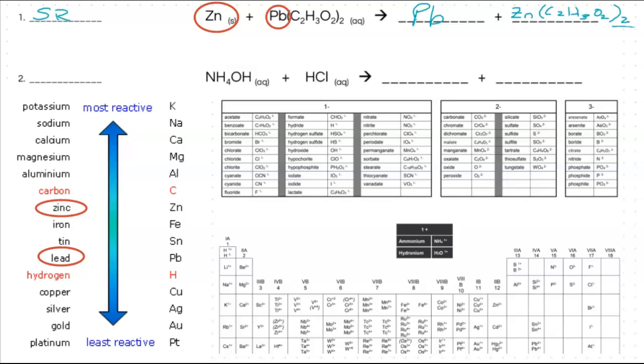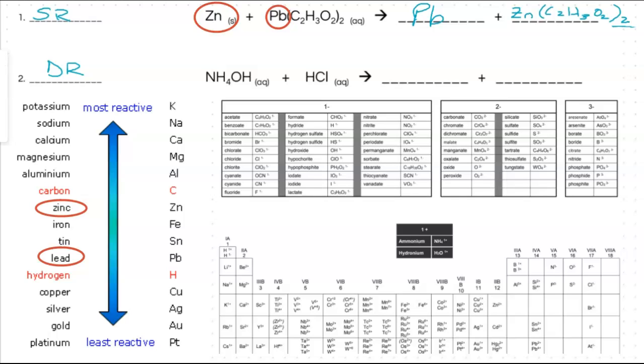Moving on to the next problem, I have ammonium hydroxide here and hydrochloric acid here. This is not a single replacement, but a double replacement, because I don't have an element by itself, and I have two ionic compounds. I'm going to have a split and switch double replacement.